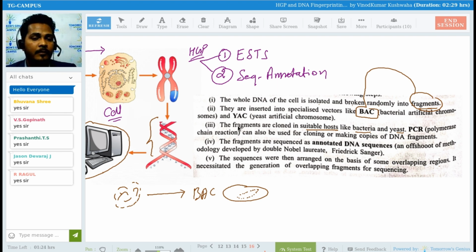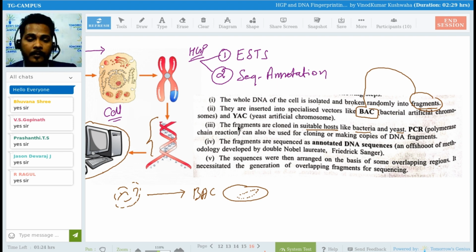When you insert into that vector, it is going to multiply the number of the particular fragment, and those fragments are then sequenced as annotated DNA, and later with the help of a computer-based program they are aligned. So this is how you will get the complete genome of the particular organism, right? This is the methodology followed by the creators of the Human Genome Project.